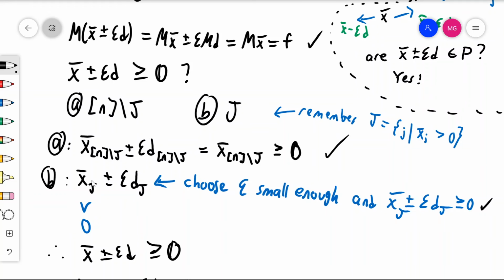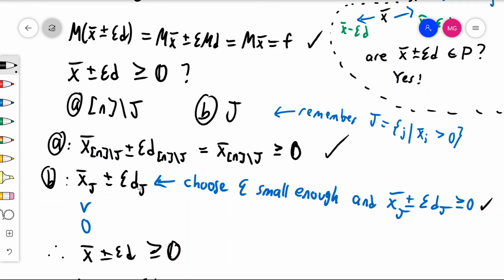And the idea is, again, very reminiscent of the proof in the prior video. Since these components are strictly positive, we have slack here, because all we need is for these components, once you plus or minus epsilon times d, to be non-negative. So this is strictly positive here, and so you have a little bit left over.